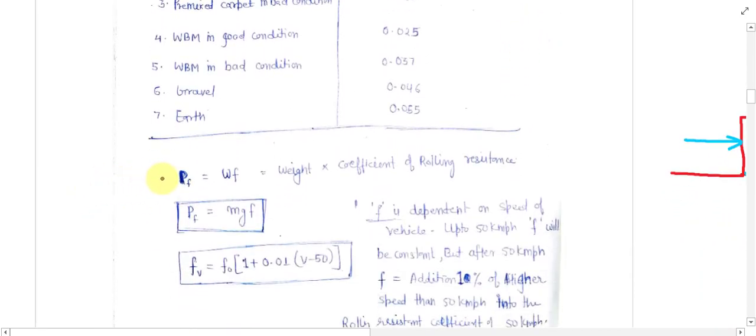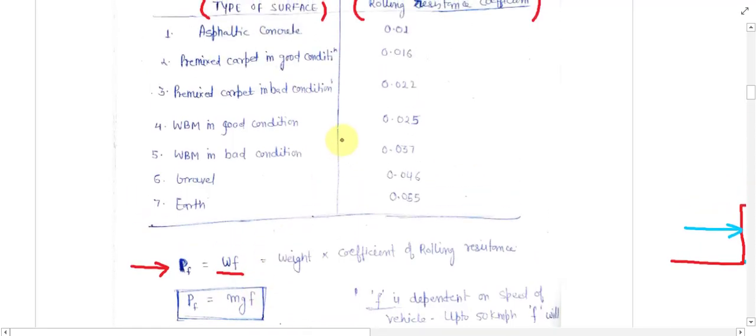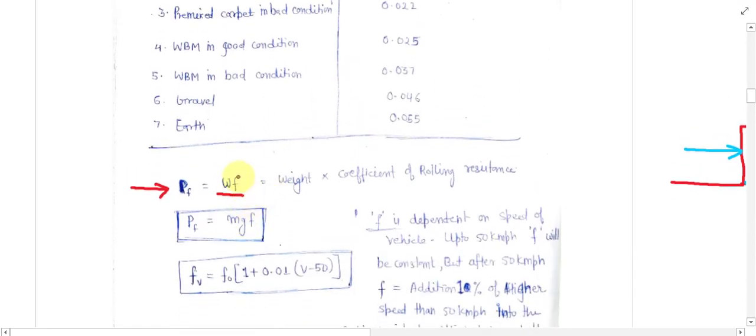And the formula for rolling resistance is given by the weight of the vehicle times the coefficient of rolling resistance. This weight can be further divided into mass times gravitation, but this formula is only valid for 0 to 50 kmph speed.